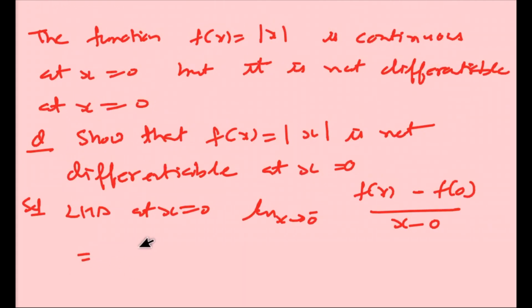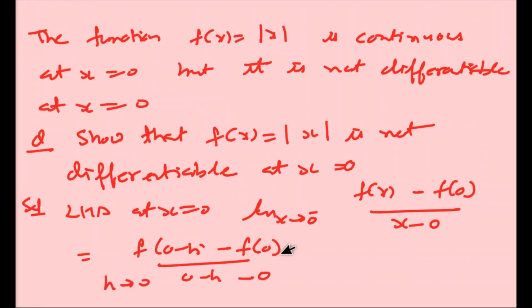So now we can write (f(0 minus h) minus f(0)) upon (0 minus h minus 0), h tends towards 0, equal to (f(minus h) minus f(0)) upon minus h, h tends towards 0.